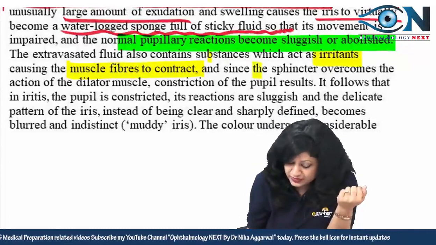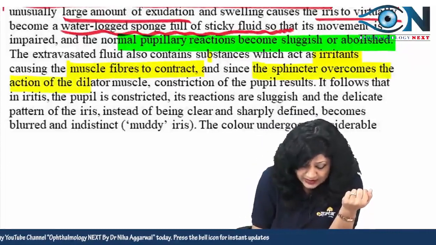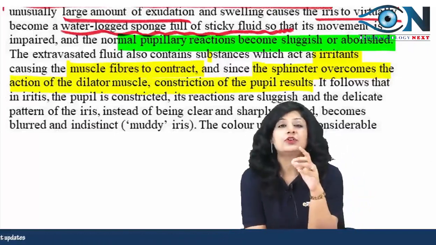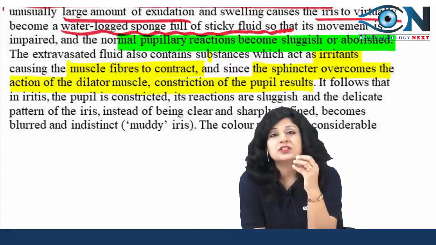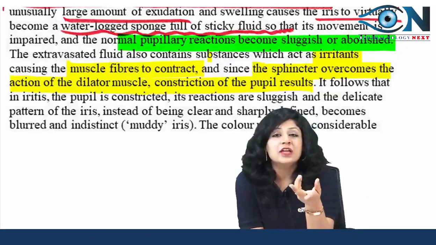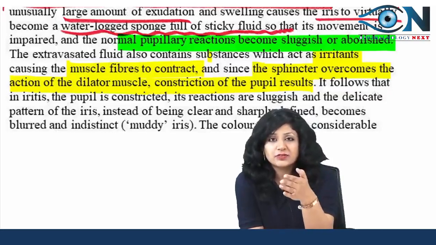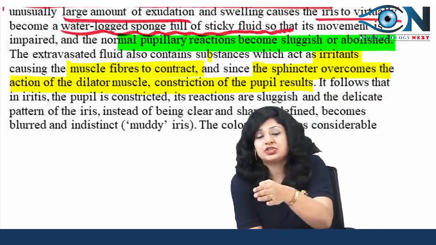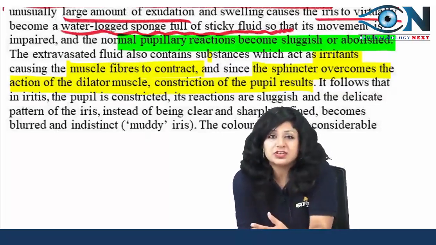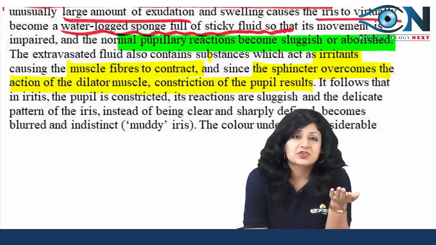Since the sphincter overcomes the action of the dilator muscle, constriction of the pupil results. So certain irritants are also released with the exudation, and these irritants cause constriction of the muscle, and this constriction will be more than the dilatation. So sometimes we see the constriction but we are not able to see the dilatation, but more or less it is a sluggish and fixed reaction.